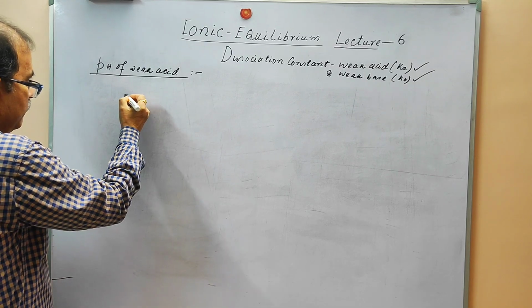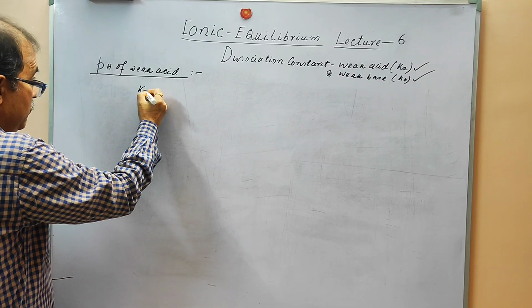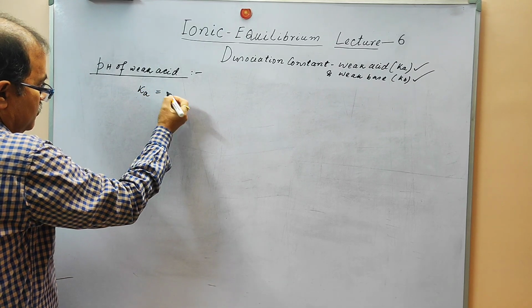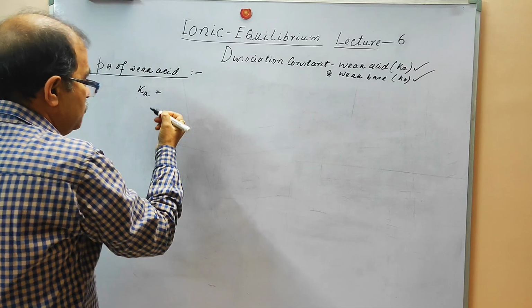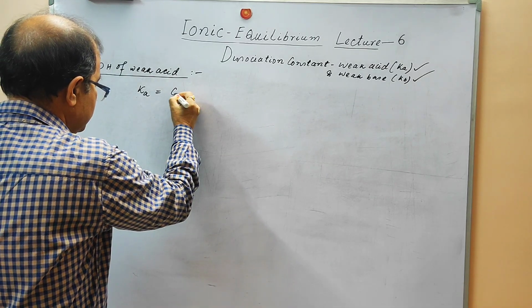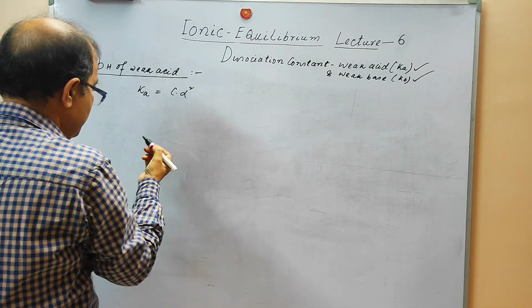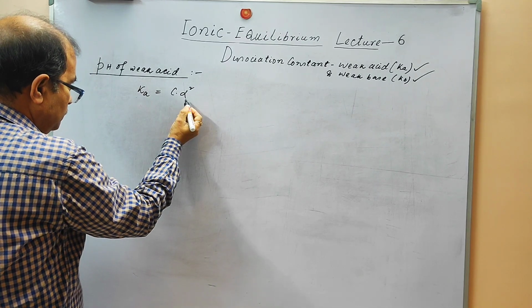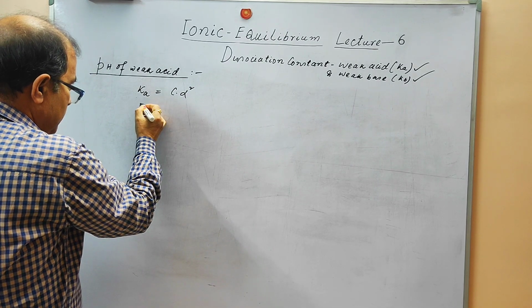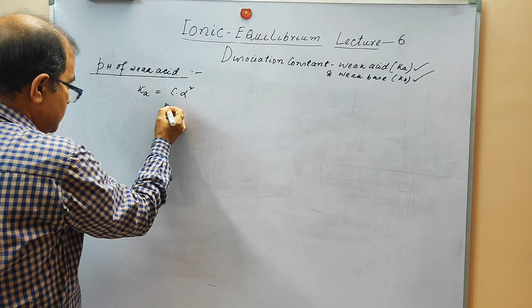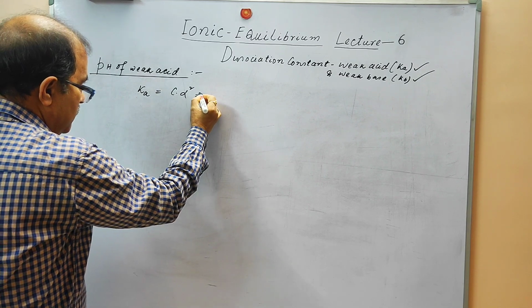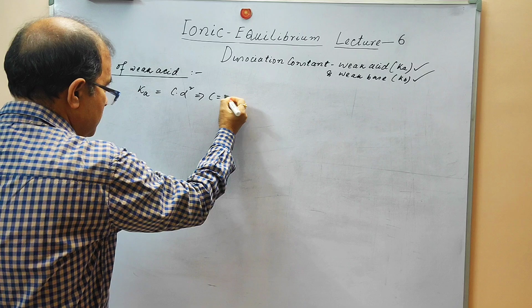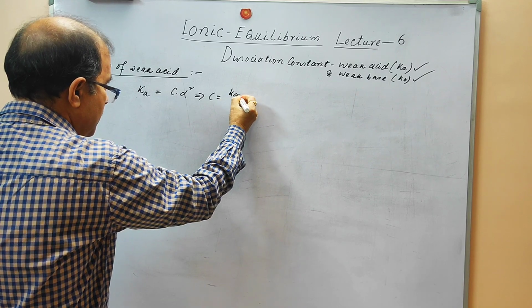Already we have deduced the relationship for Ka, the dissociation constant of the weak acid, that is Ka equals C alpha square, and from this we can calculate C, that is Ka by alpha square.